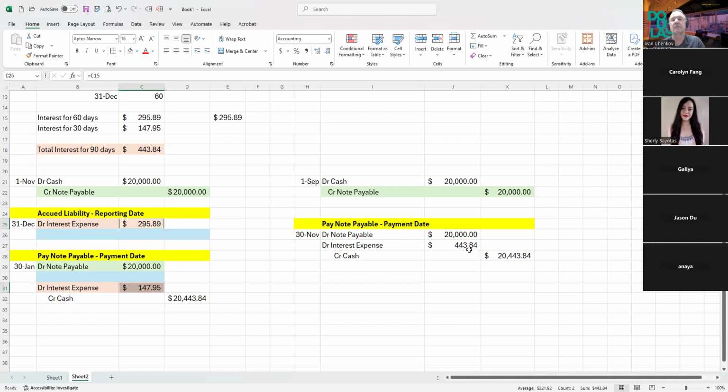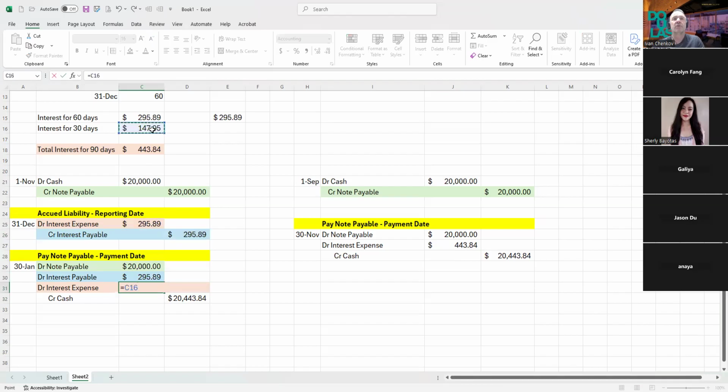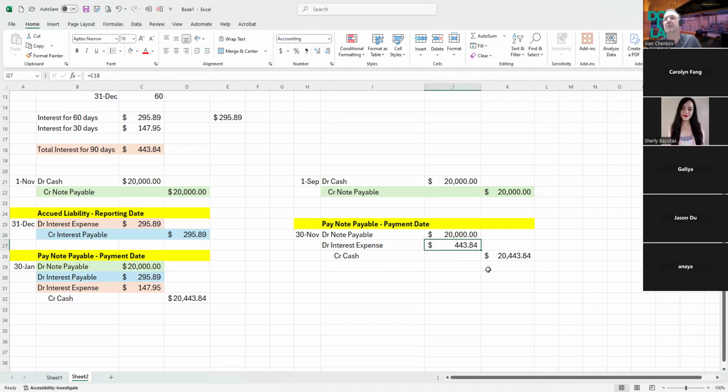Can you see it? The only thing that I'm doing is this payable that I'm creating to show that at this reporting date, I owe interest payable. If I didn't have the reporting date, I don't have to show any liabilities.